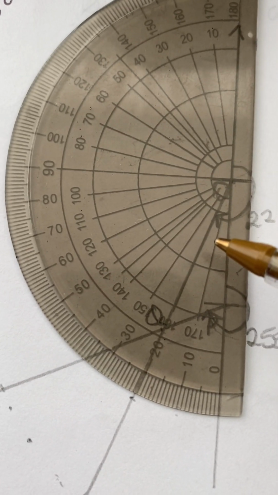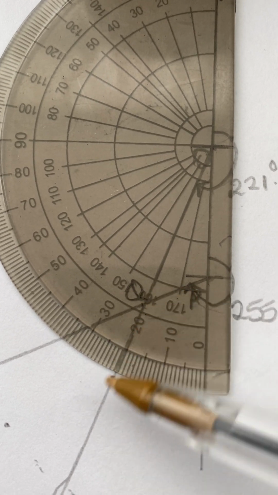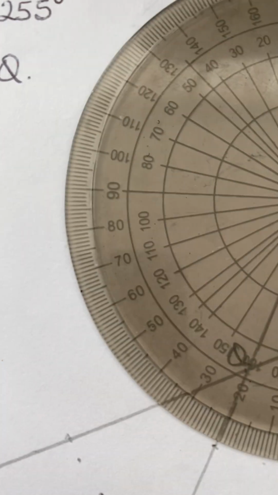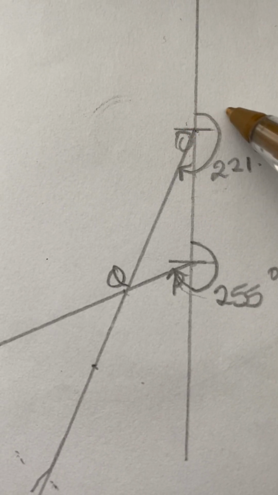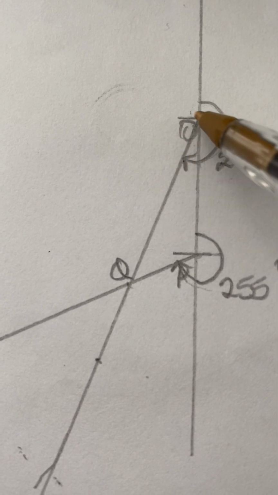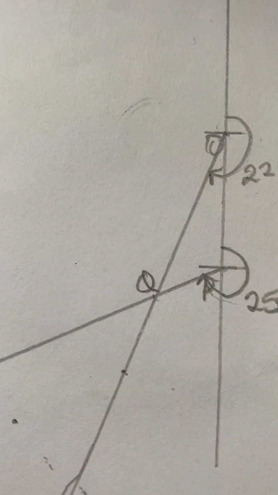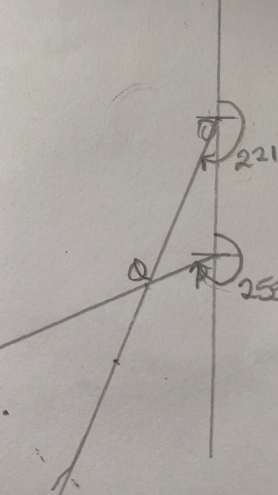So 211 is about 211 here. So if I draw this angle all the way from the origin, that will be my line. So I draw the first straight line. Now I want to find where they intersect.